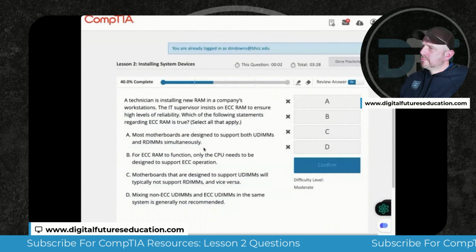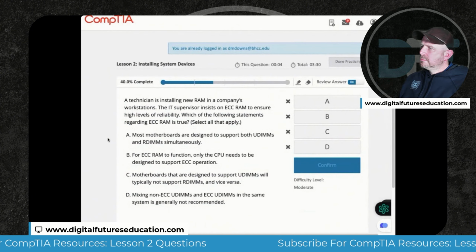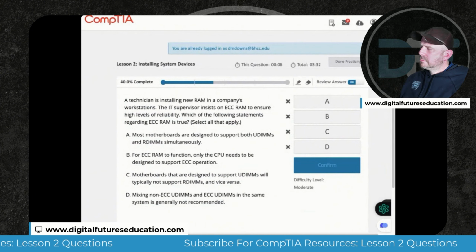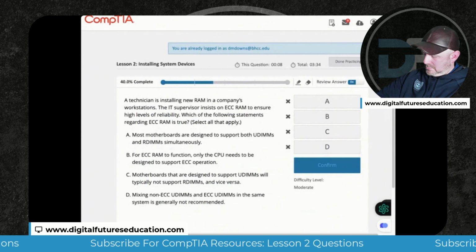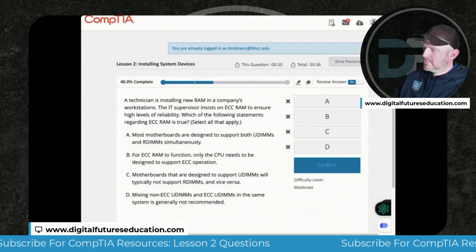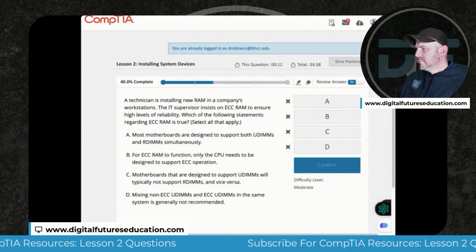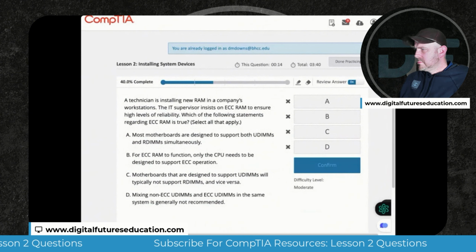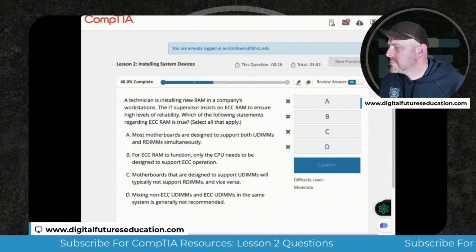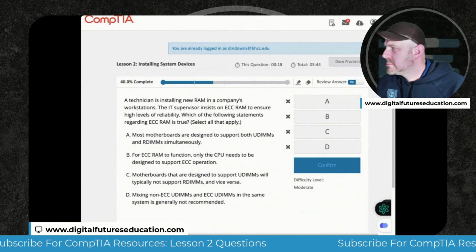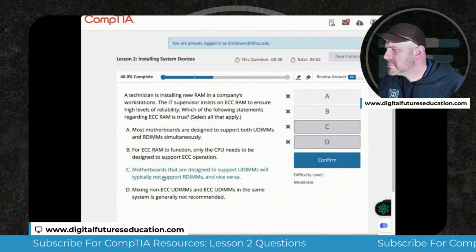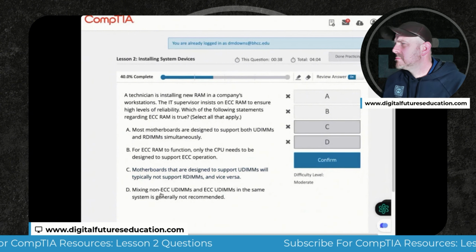A technician is installing new RAM in a company's workstations. The IT supervisor insists on ECC RAM, which we just read partially, to ensure high levels of reliability. Which of the following statements regarding ECC RAM is true? All that apply, so we have more than one. What do we got? What are we feeling? I see some things, C and D. That is, motherboards are designed to do that.